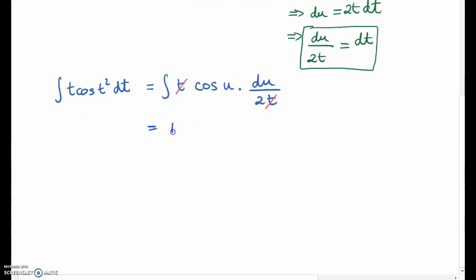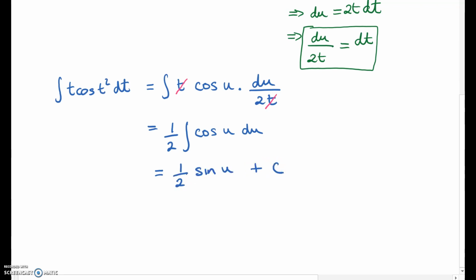We'll pull out that 1/2. So it's going to be 1/2 of the integral of cosine u du. And we know the integral of cosine x dx, or cosine u du as it is in this case. Integrate cosine, you get positive sine. So it's going to be 1/2 sine of u plus c, because it's indefinite integration.